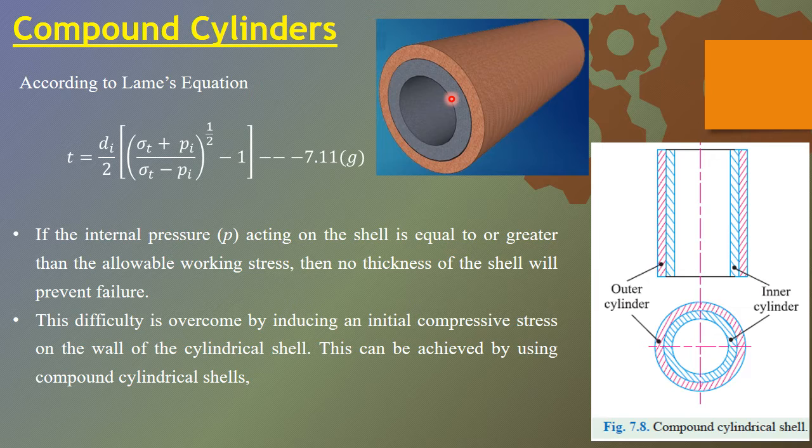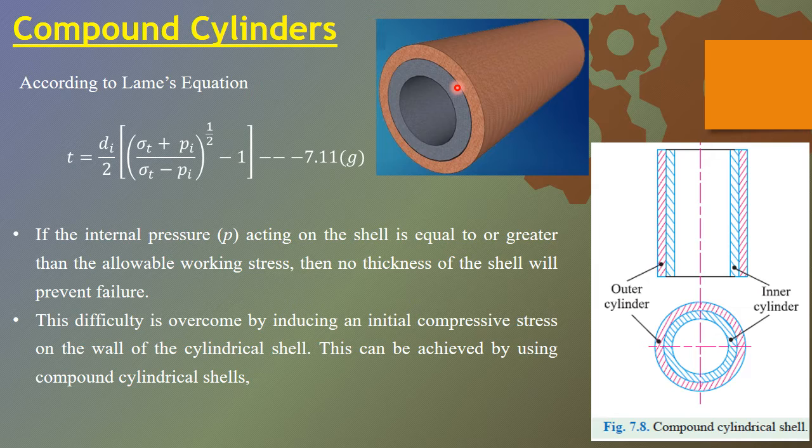So when you load the cylinder, due to the internal pressure, the compressive stresses will get relieved. Whatever compressive stress is there will get relieved first, and then the internal pressure will induce tensile stresses.